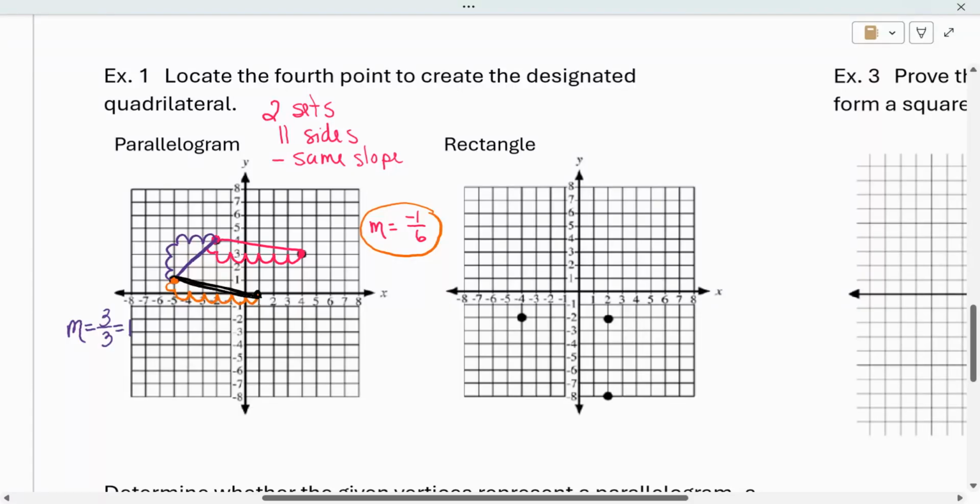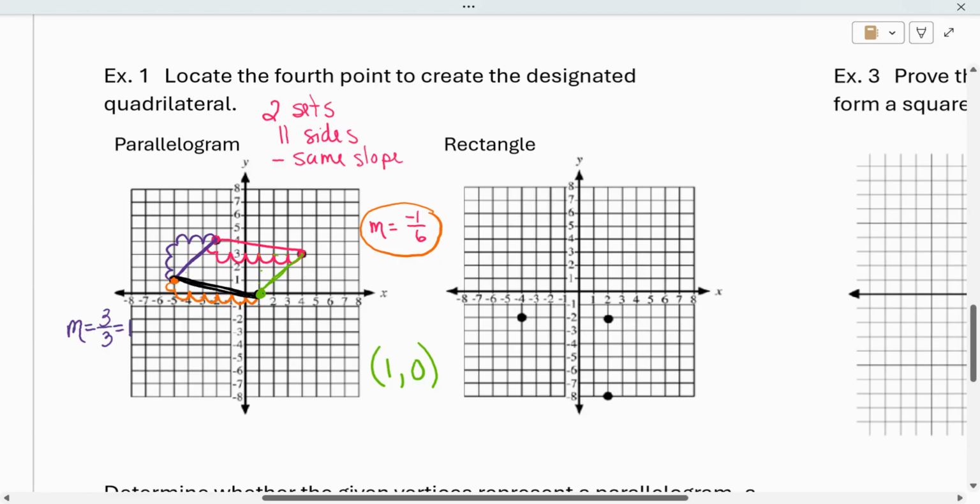But I also am turning this into a parallelogram, so I need to verify that the green line segment has the same slope as the purple. Up 1, 2, 3 over 1, 2, 3, and it does. So the ordered pair that I was missing is the ordered pair 1, 0.